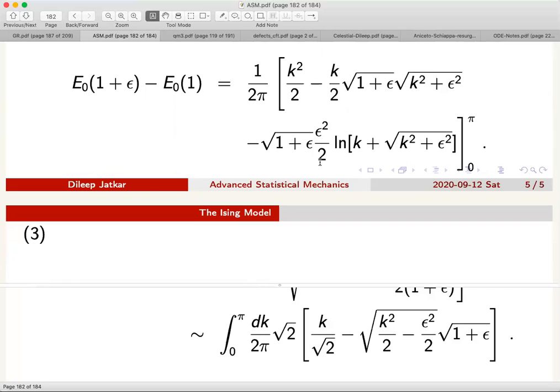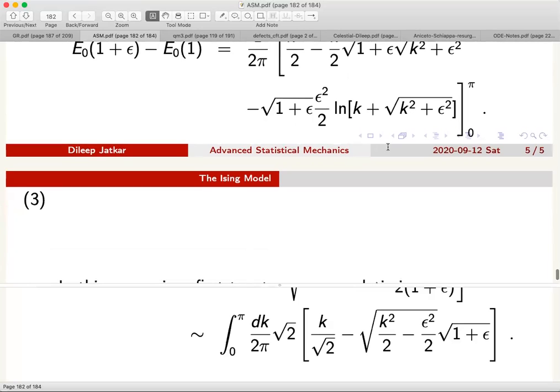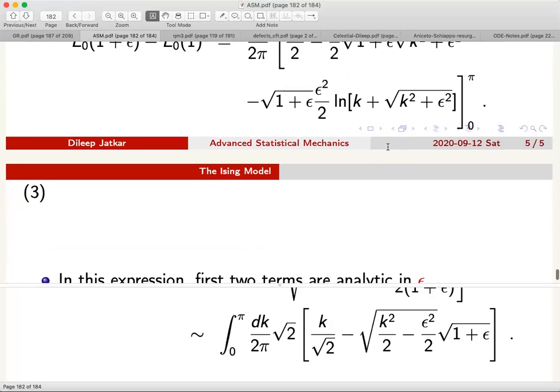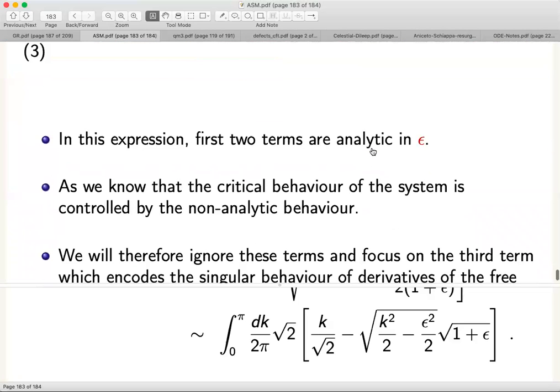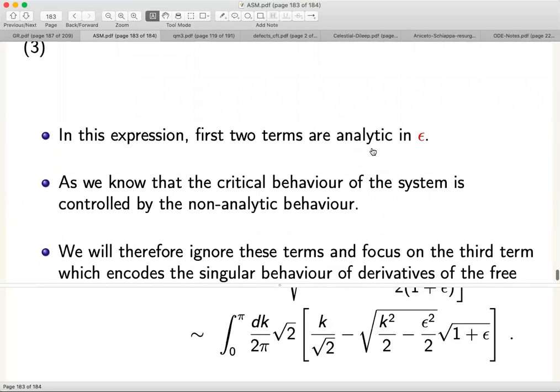Whereas in the last term, the epsilon is sitting inside the logarithm also, and that is the one which is responsible for generating some kind of non-analytic behavior. So we will only concentrate on the non-analytic behavior of the system, and we will not worry about what happens to the analytic terms.